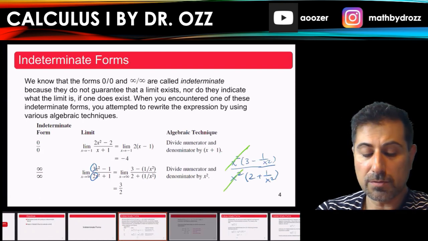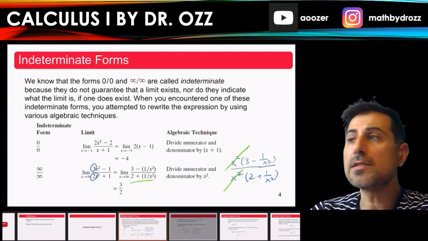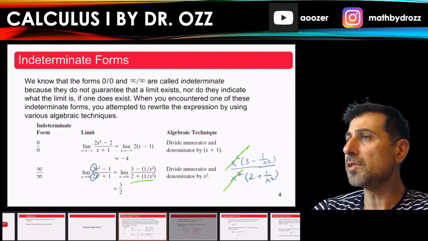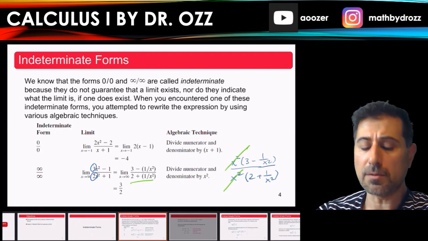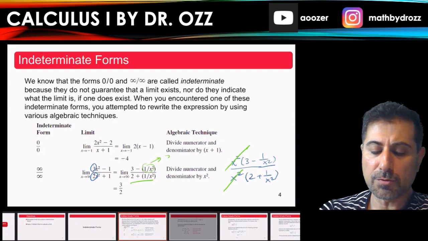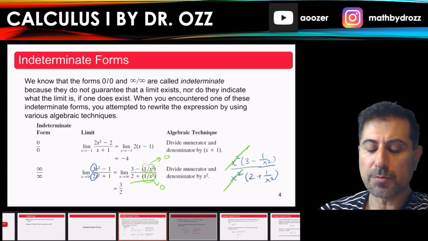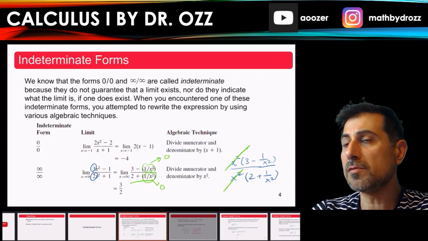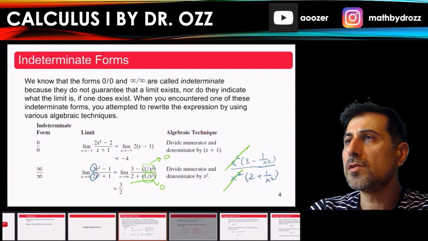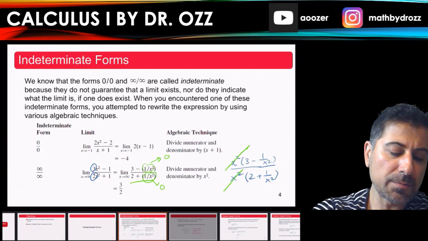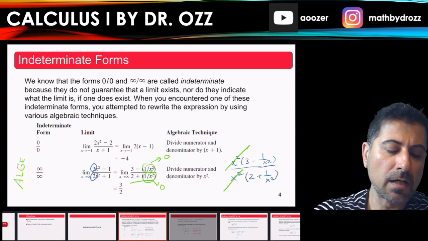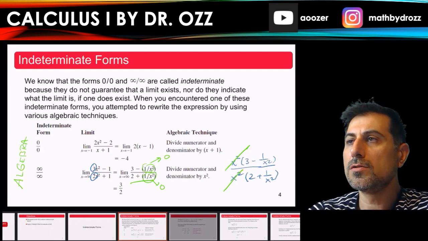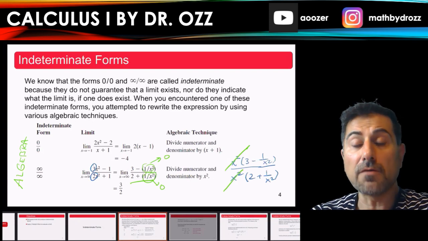Now we can pass the limit because we don't have any infinity over infinity anymore, because 1 over x squared approaches 0, so the limit value is going to be 3/2. Here, algebra was very helpful to rewrite those expressions to go around the indeterminate forms.